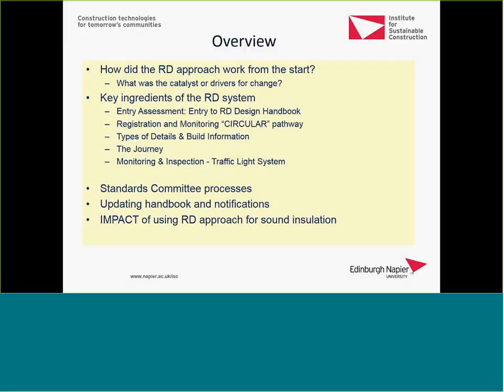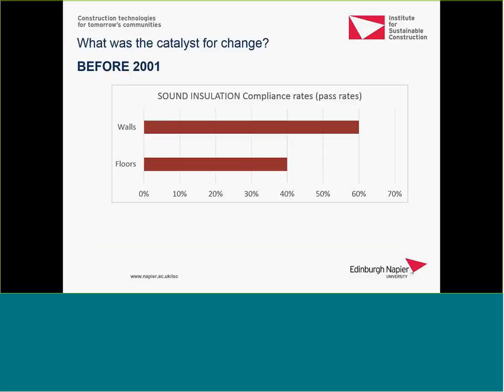Was the industry ready or not, etc. What was the skills platform like? What was the knowledge that was out there? So we'll discuss that as well. And then a touch on the traffic light system, which is used for inspection and monitoring. And I think overall it's how this could potentially be applied, or elements of it, for a future thermal approach.